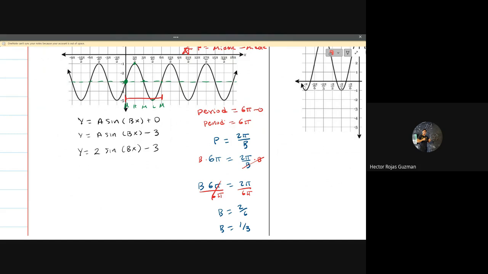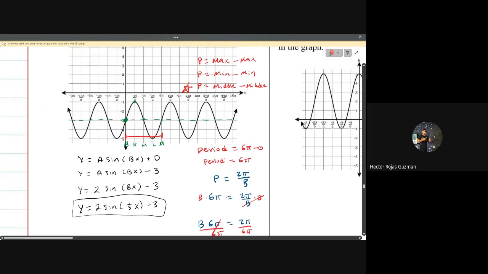So my final formula is going to be 2 sine of 1 over 3x minus 3. Don't forget the x, because without the x, it's not an equation. It's going to be just a value. Finding B is usually the thing that takes the most effort.